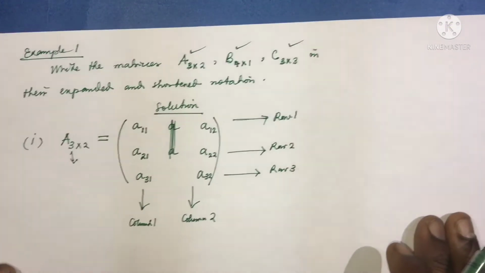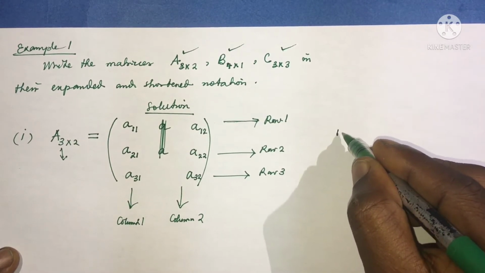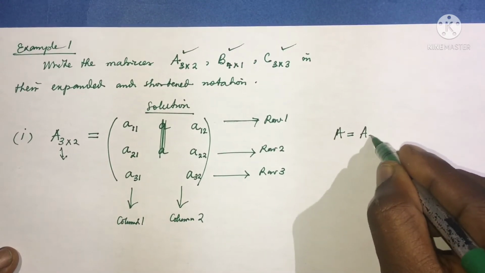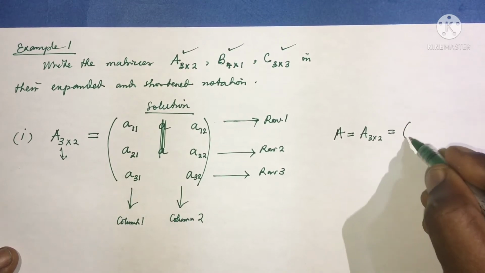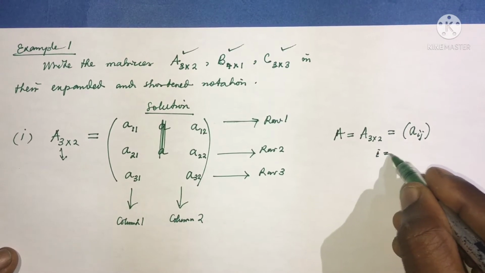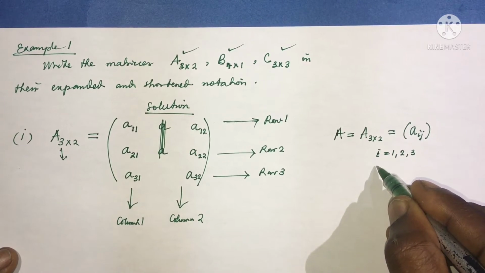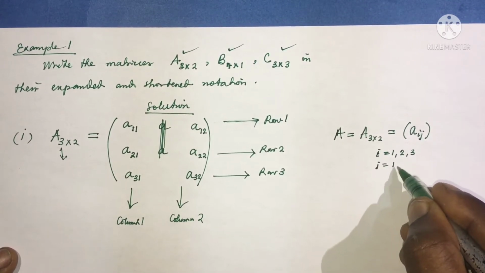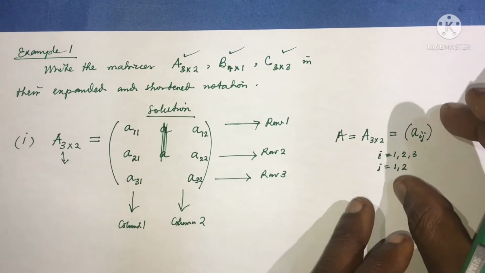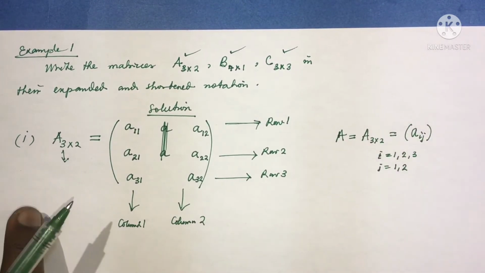Now the corresponding abbreviated form: A 3 by 2 equals you simply bring this aij, for i equals 1, 2, and 3, being the number of rows you have, and j taking values from 1 to 2. That will be the shorthand or abbreviated notation of this matrix.